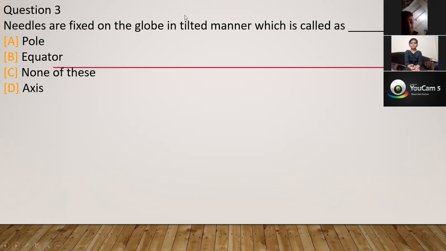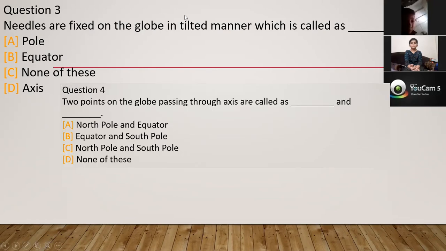Question number 4: 2 points on the globe passing through axis are called as dash. These are the 4 options. Axis, 2 points on the pole. Answer please. Who is going to answer? Ayan, 2 points on the globe passing through axis are called as dash. Quickly.